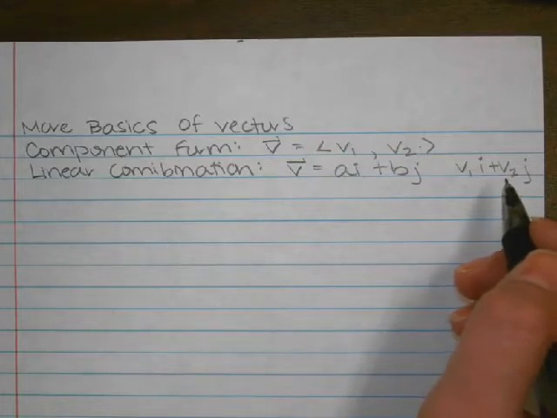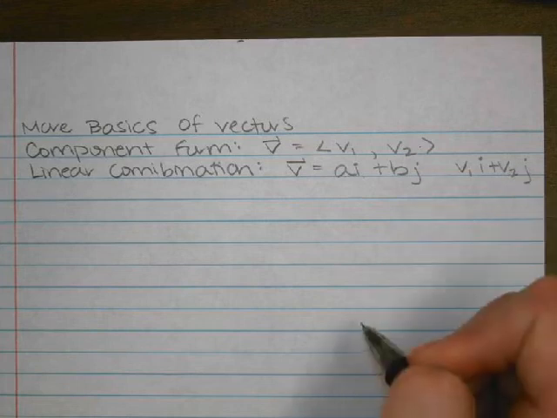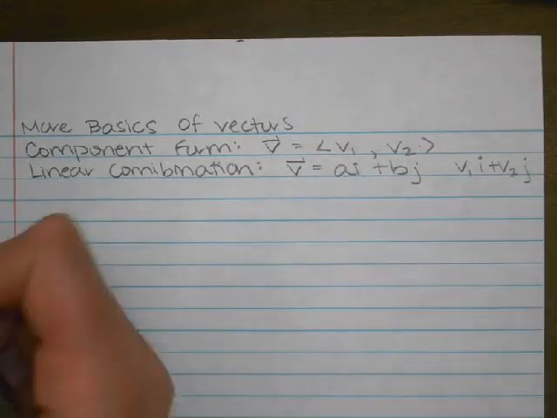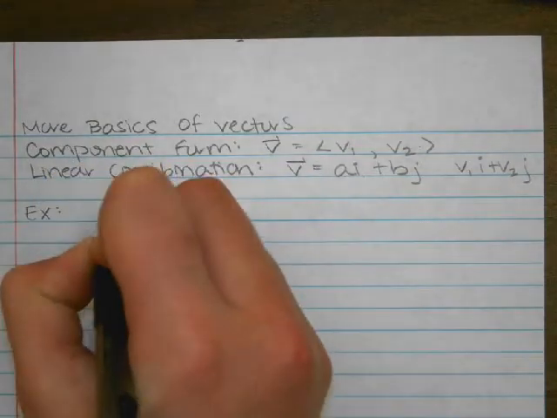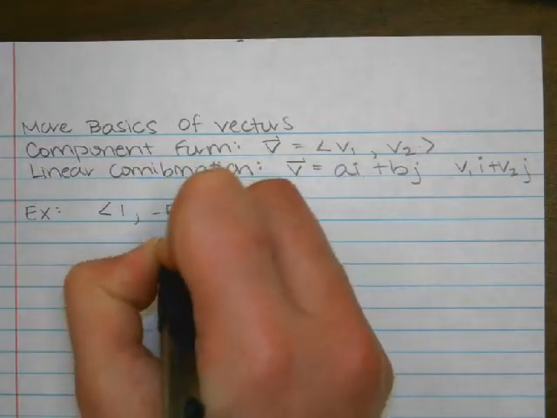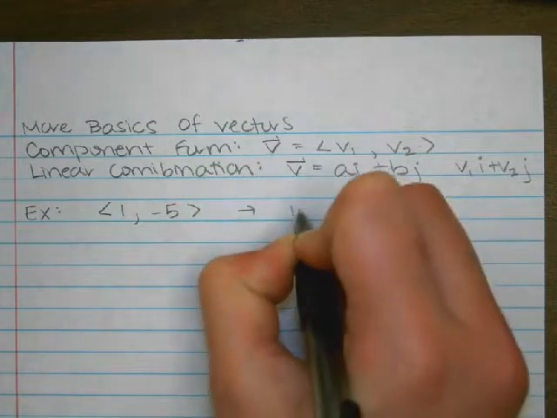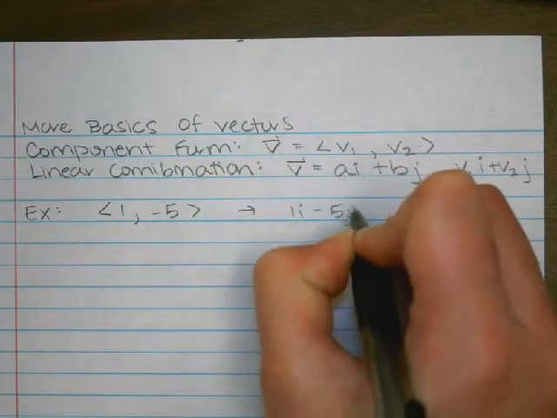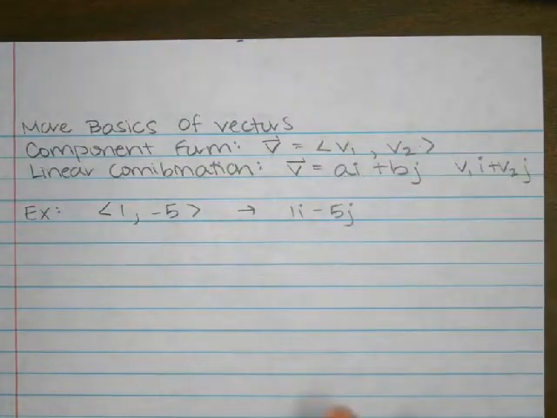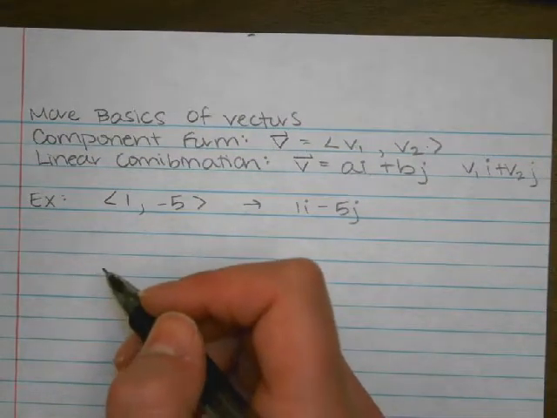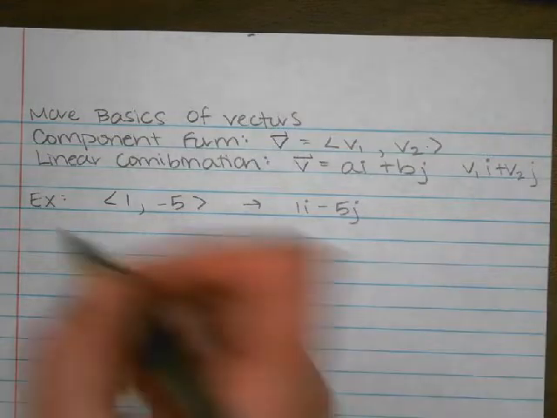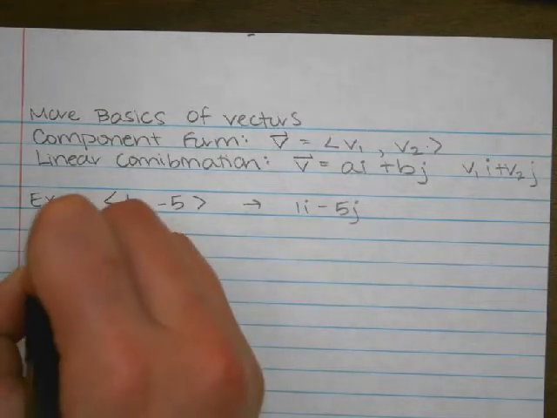Okay, so that is the component form. Let's go ahead and write an example: if we had the component form 1, negative 5, then that would be 1i minus 5j, just so we have something written down.